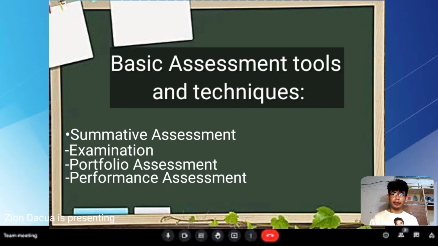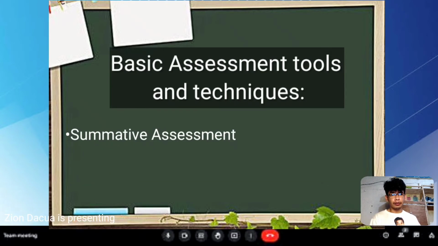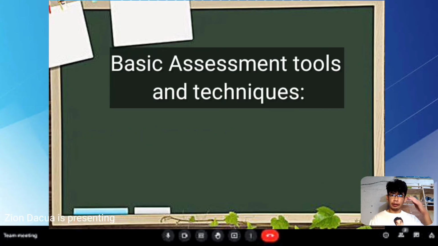I also wanted to add the checklist, rating scales, and rubrics. These are the basic types of assessment tools and techniques. These are the tools that state specific criteria and allow teachers and students to gather information and make judgments about what students should and shouldn't do. First we have the checklist.